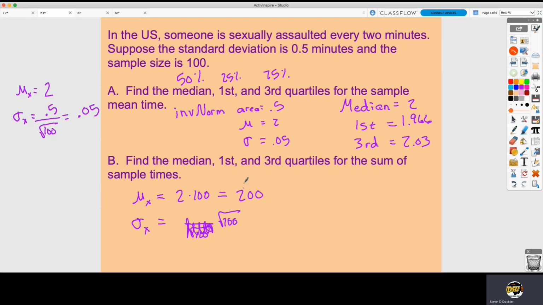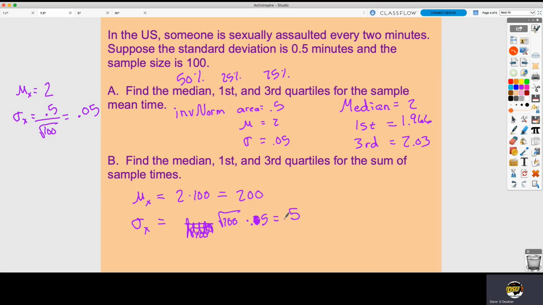So what do we got? Square root of 100 times what? Times 0.5? Yes. Not 0.05, it's times 0.5. My bad. So we get a standard deviation this time of 5.